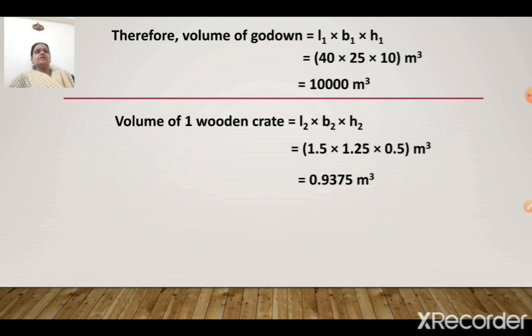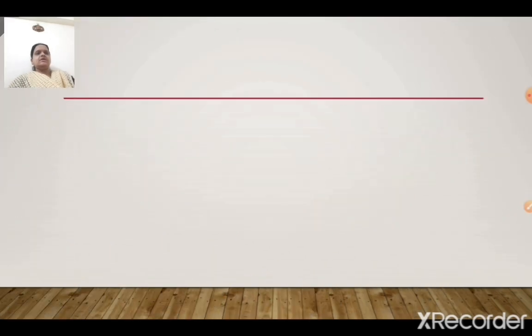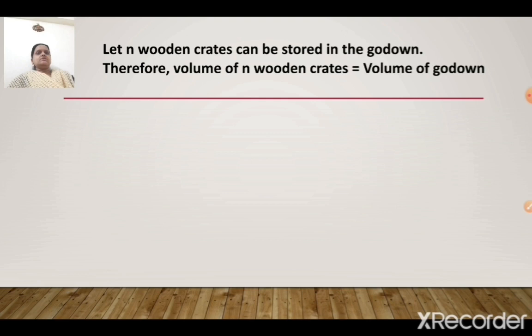Now what will be the next step? We want to find the number of crates. So number of crates is equal to volume of godown upon volume of 1 crate. That means 10,000 upon 0.9375. So let us see here. Let n be the wooden crates that can be stored in the godown.